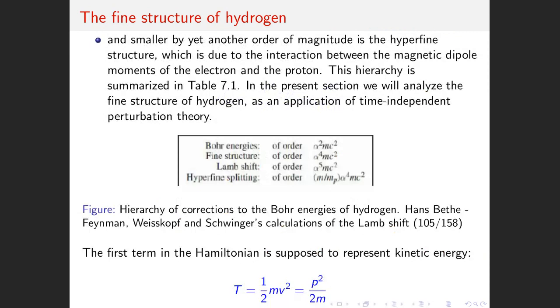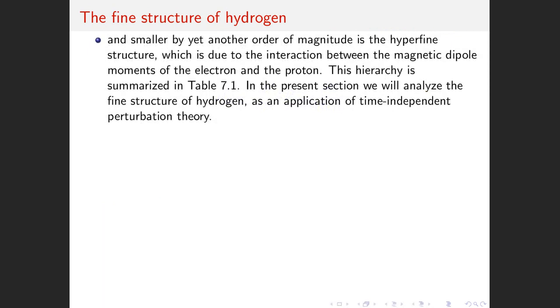Right. So first we have to find the hierarchies of these corrections. The Bohr energy E_n that you calculated, 13.6 over n squared, you can show is of order alpha squared.